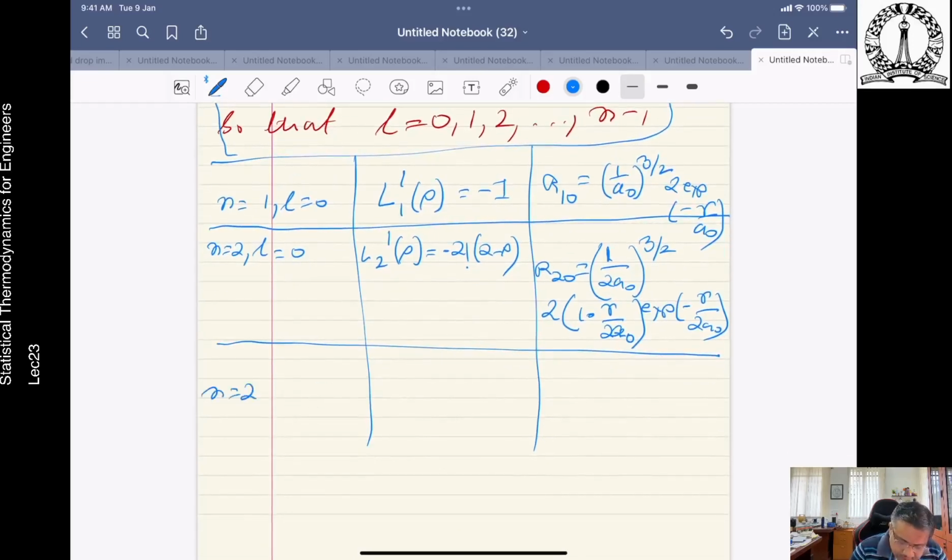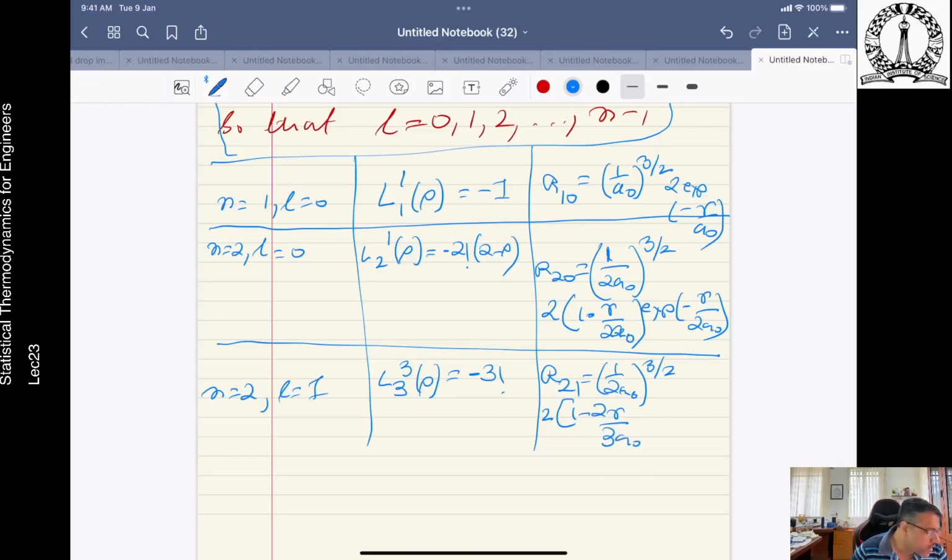Similarly, I am just writing one more. So n equal to 2, L equal to 1, the Laguerre polynomial is minus 3 factorial, and it is given as R 2,1, which is basically equal to, again, 1 over 2 a naught to the power of 3 by 2, into 2, into 1 minus 2r over 3 a naught plus 2 over 3, 3r over 3 a naught squared, and exponential minus 3r over 3 a naught.